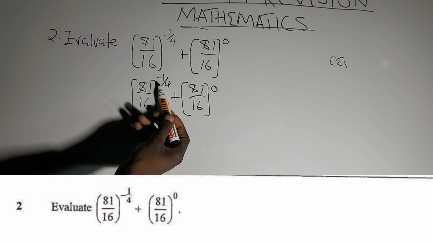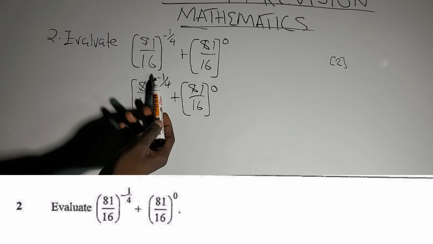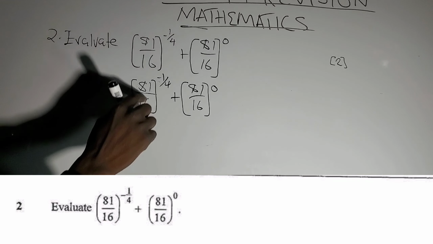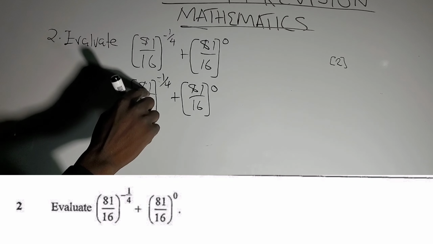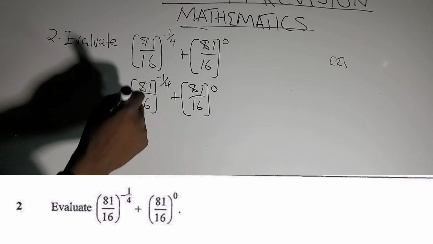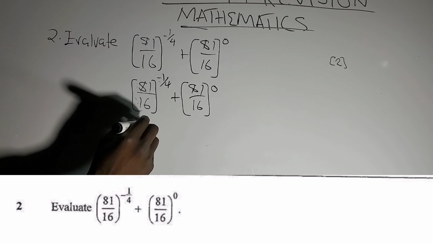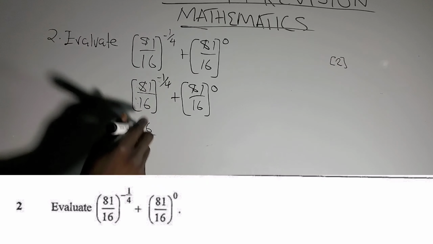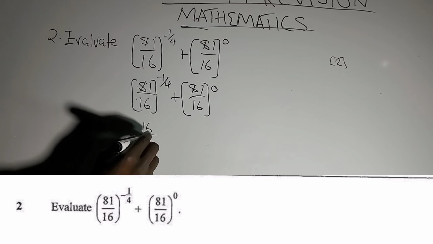So when the power is negative, what you need to do to change it to positive, because you can't solve this the way it is, you simply change the fraction. The numerator becomes the denominator. This one becomes the denominator, which is 81.